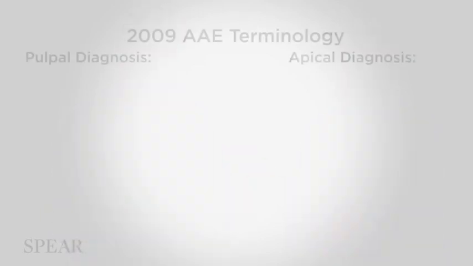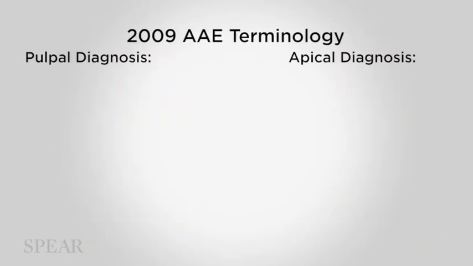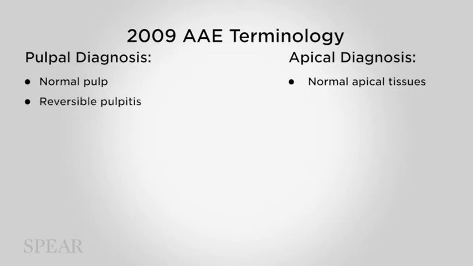So to review these very quickly, on the pulpal side and the apical side, we start from a normal state where you have a normal pulp and a normal periapical area. Then pulpally, you could have inflammation, which is pulpitis. And the question at that point is, how can we decipher whether you have reversible versus irreversible pulpitis? We talked about the differentiation factor there being the presence of either spontaneous pain or the presence of lingering pain to thermal stimulus.